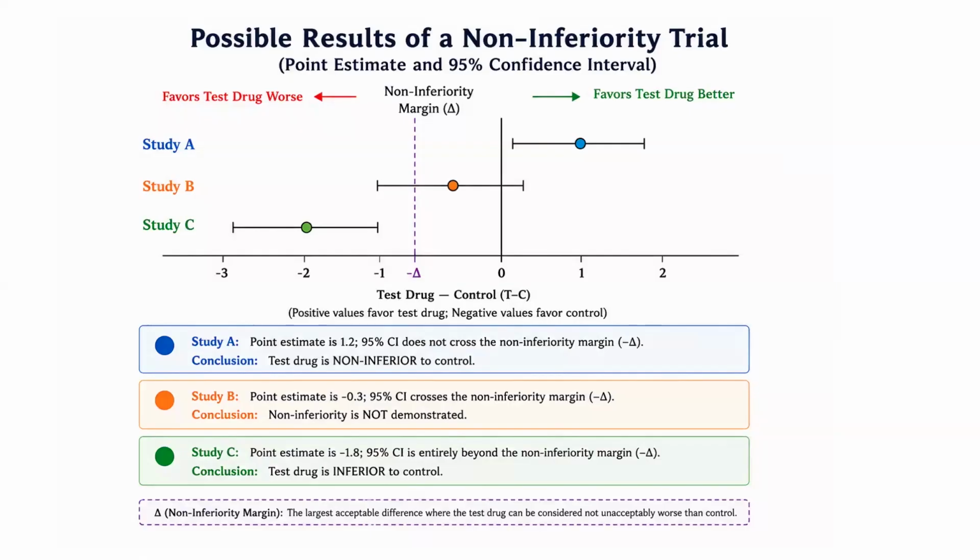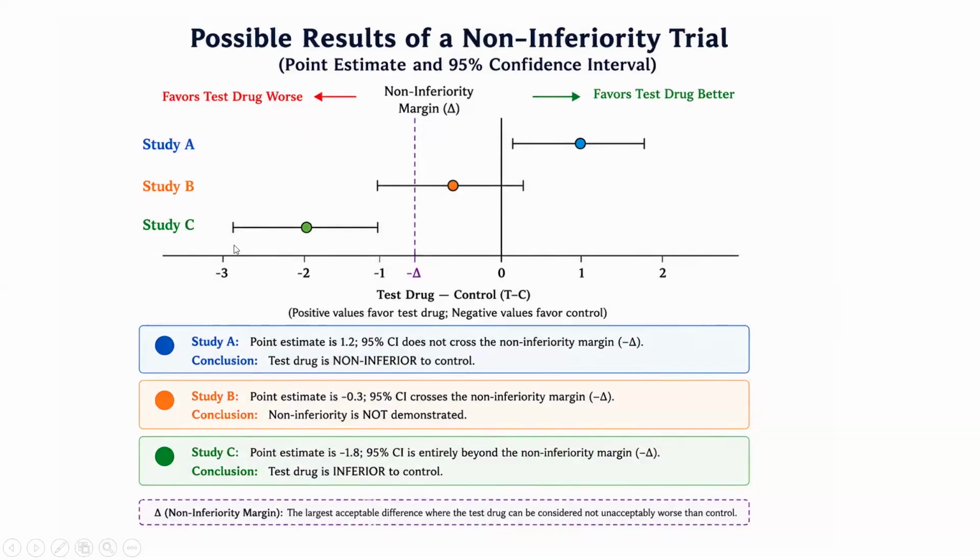In study B, the 95% confidence interval of this point estimate or difference is crossing this minus delta. So it means in study B, we cannot say the test drug is not inferior. Okay? We cannot conclude.